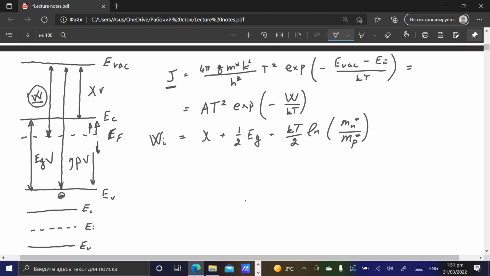That describes the temperature dependence of the position of Fermi energy within the band gap for an intrinsic semiconductor, and as a result it also defines the temperature dependence of the work function of an intrinsic semiconductor.